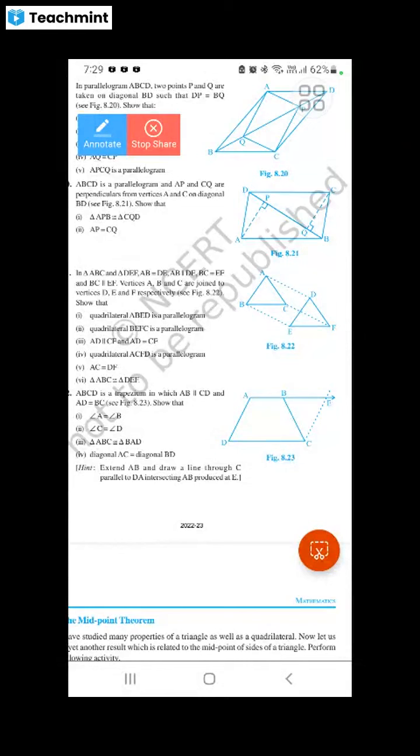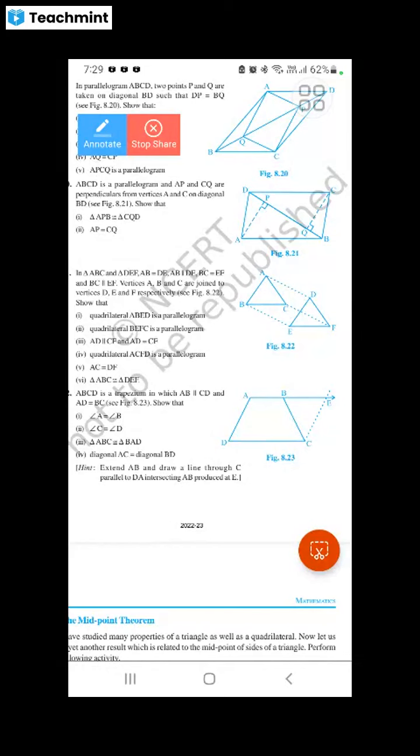In quadrilateral BCEF, BC is equal to EF and BC is parallel to EF. That's why BCEF is a parallelogram. Second part also is done.